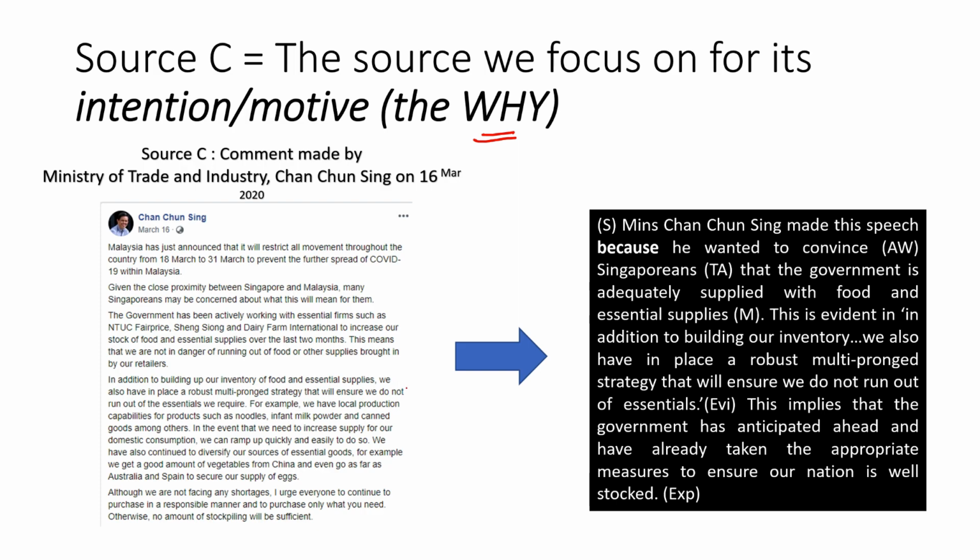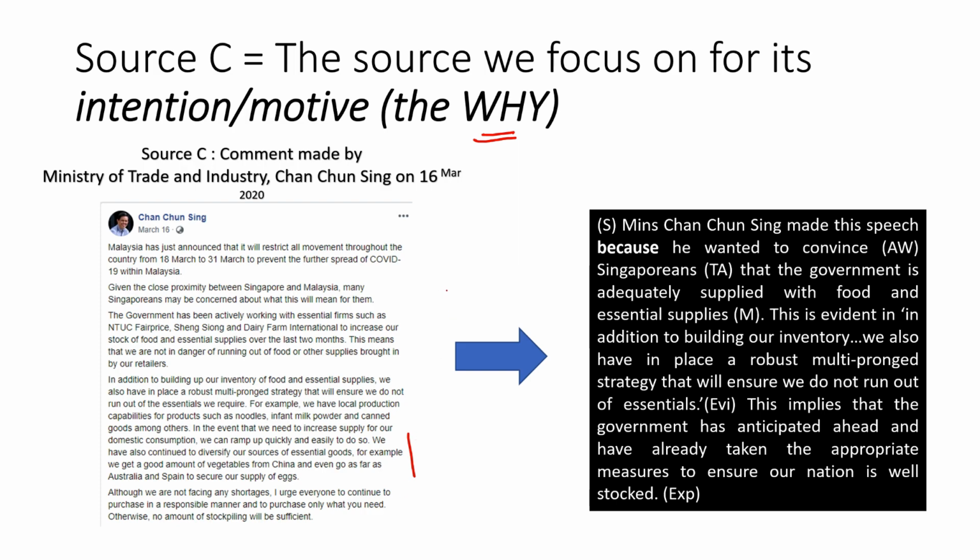And he goes on to add that the government has also built up its inventory of food and essential supplies by adopting a multi-pronged approach to get food and supplies from other places other than Malaysia. So we get it from China, Australia, Spain, and he then concludes by saying that there is no need to panic, there is no need to be afraid, and we can exercise responsible buying.